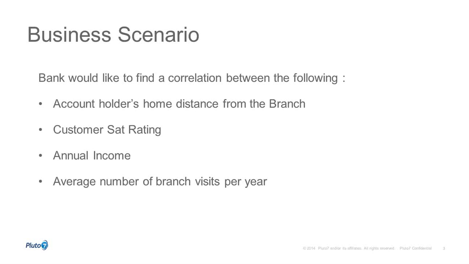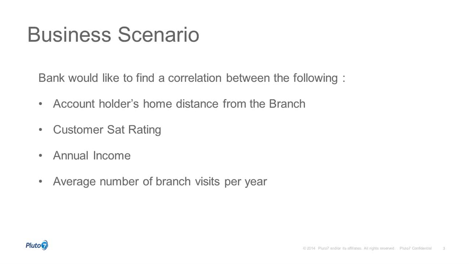like to look at their existing data and identify any correlation between the following to identify any potential upsell and cross-sell opportunities. The data that we try to correlate here is account holders' home distance from the bank branch, their customer sat rating, any annual income information that's available, and the average number of times they visit the branch every year.